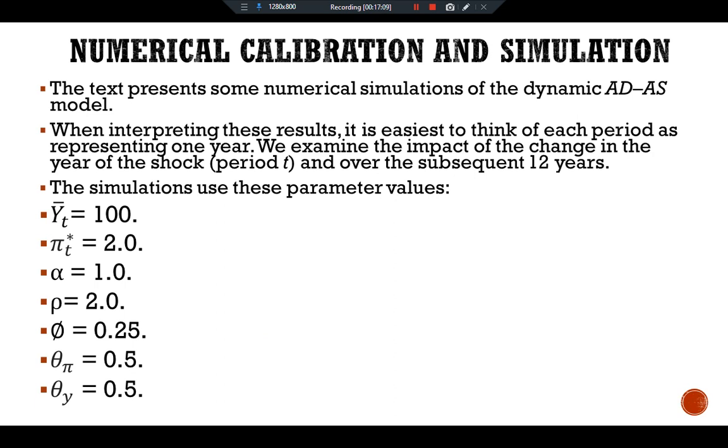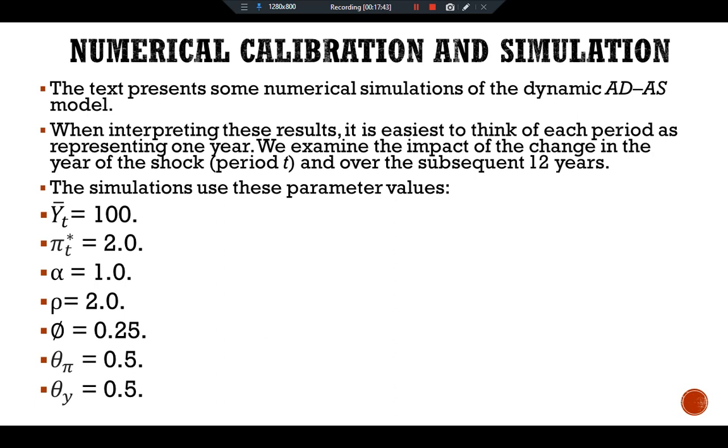In period t plus 1, for instance, the economy is at point C. Even though the shock variable returns to its normal value of 0, the dynamic aggregate demand curve does not immediately return to its initial position. Instead, it slowly shifts back downwards towards its initial position, as we have discussed in our graphical presentation.